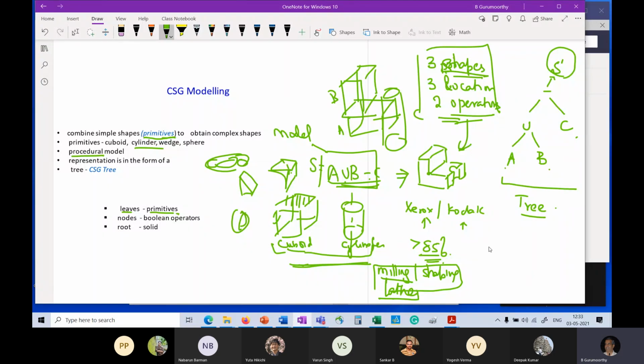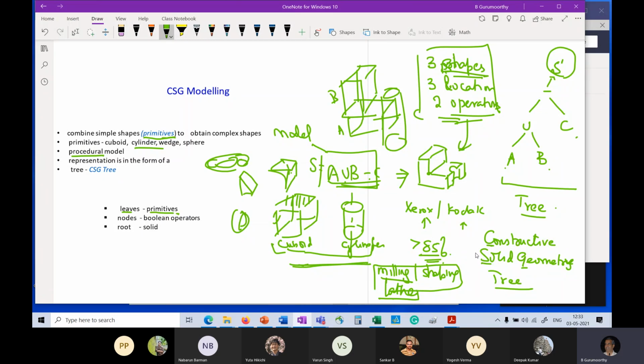And because this procedural model is procedural, it tells you how to construct a solid model or a solid geometry. That's the name given to this tree. And so you will see this thing called a CSG tree or CSG modeling, constructive solid geometry modeling.